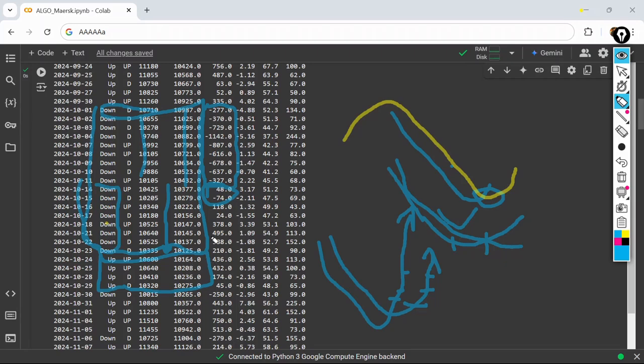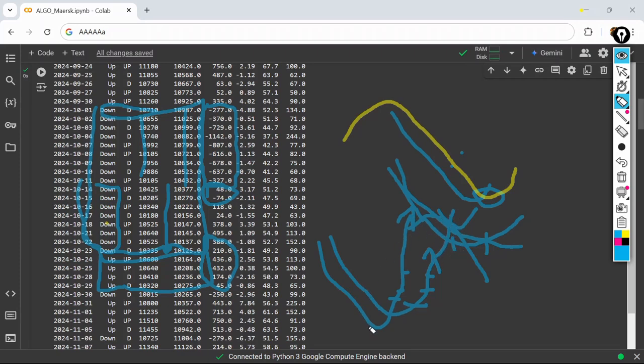Here we have positive, and when it goes down, at some point the closing price will reverse and the regression line will cross again in the downtrend.